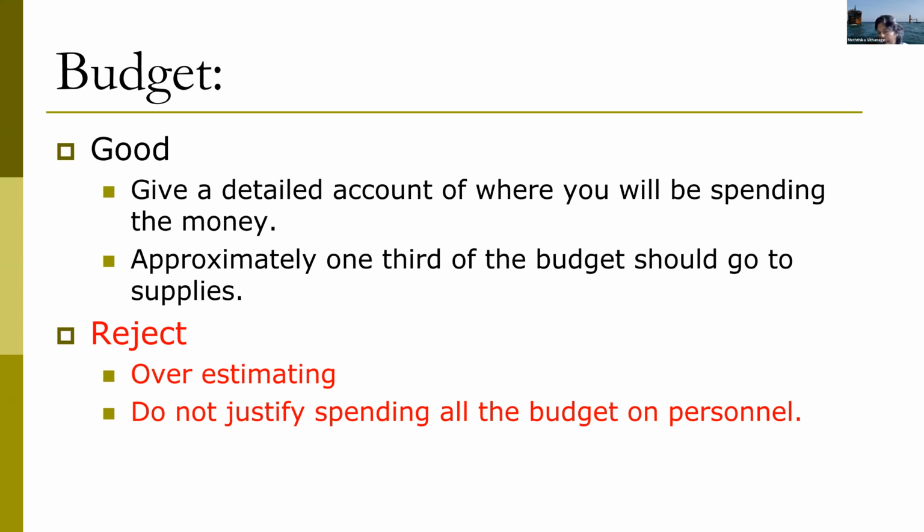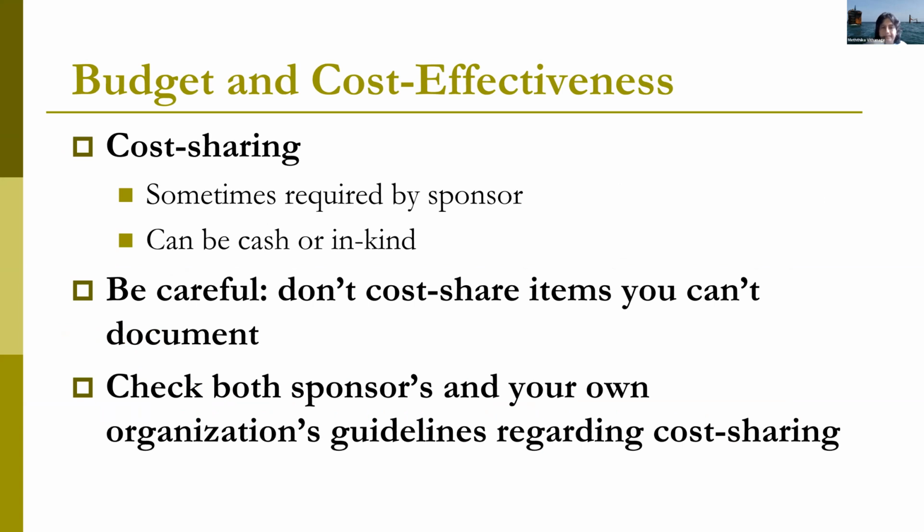You might need to have some 30% or 1/3 of the budget for consumables, like printing, analysis, chemicals, and many more. So the budget and the cost effectiveness should go in line together.